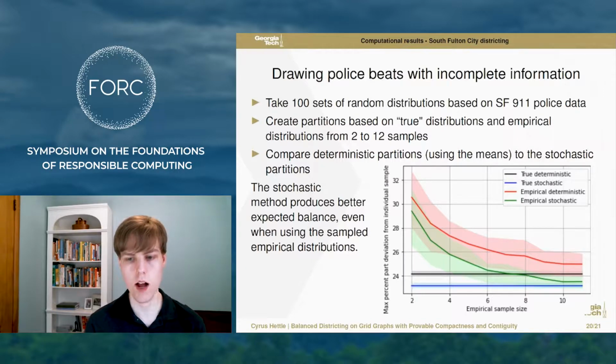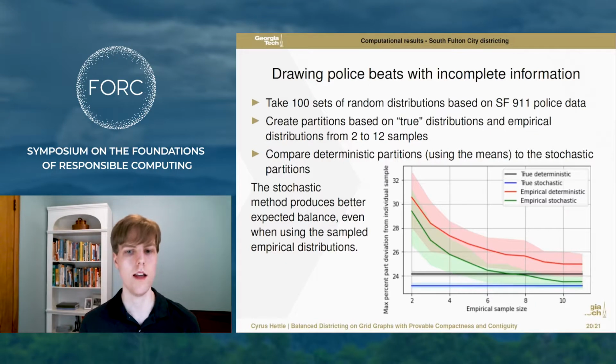Indeed, for larger sample sizes, once there are at least 8 samples in the true distribution for each vertex, the empirical stochastic method actually outperforms the deterministic method that has knowledge of all the true underlying random variables. So the stochastic method does indeed produce better expected balance than just looking at the expected sample mean for each vertex.